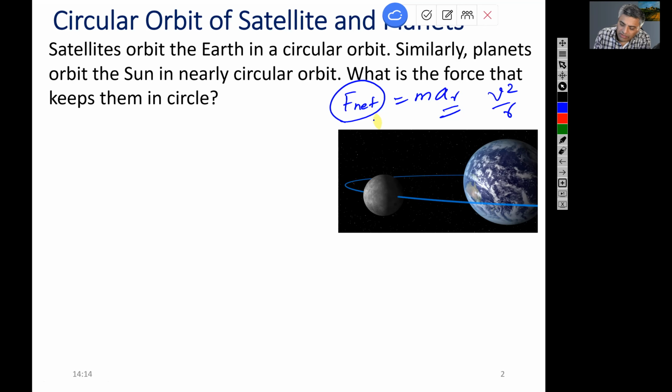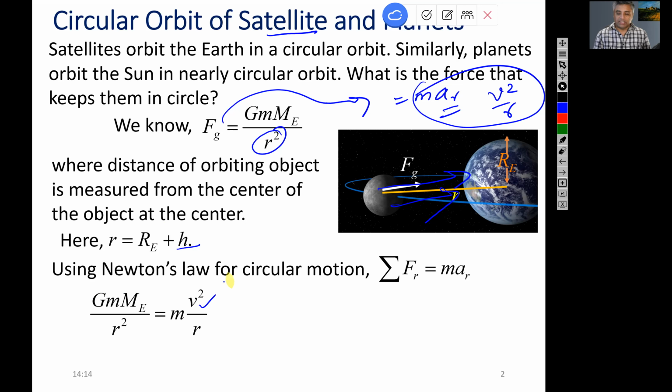Now from here we can calculate the speed of the object that is going around the Earth. And it turns out the mass cancels. The mass of the orbiting object cancels. So how fast it goes does not depend on its mass.